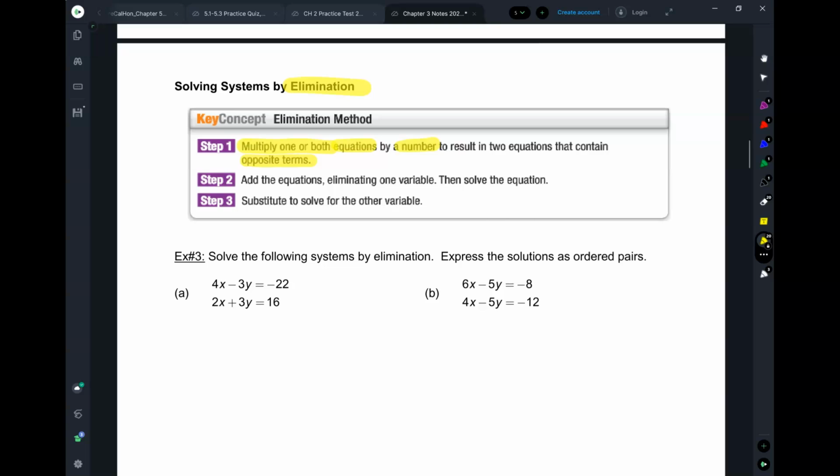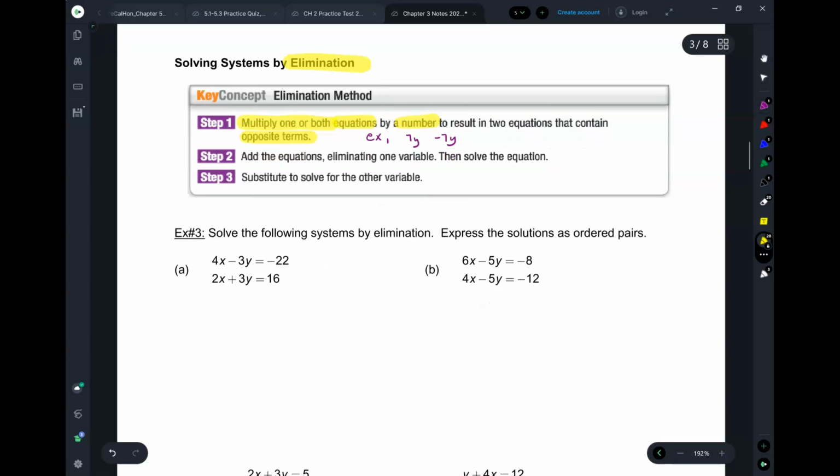So positive 3x, negative 3x, or positive 7y, negative 7y or whatever, okay? Then you add the equations and one of the variables will get eliminated, solve it, and then substitute again.